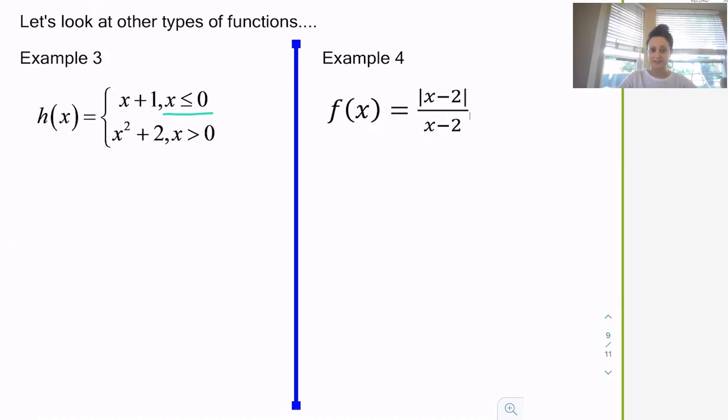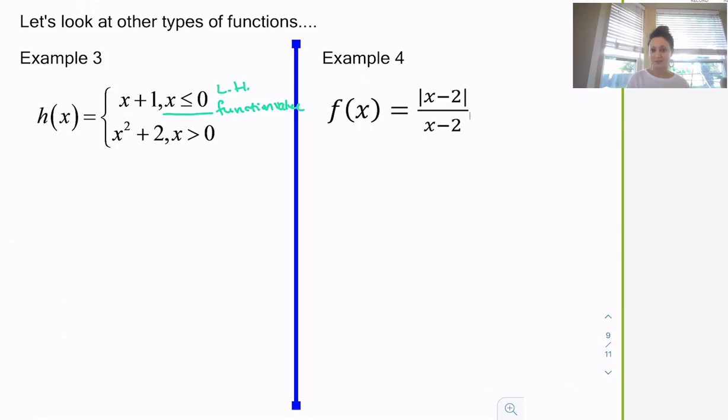So for those x's, does that give me the left-hand limit, the full limit, the function value, or the right-hand limit? So this gives me the left-hand limit as well as the function value, because of that equal sign, right? So all x's less than 0 would give me the left-hand limit.